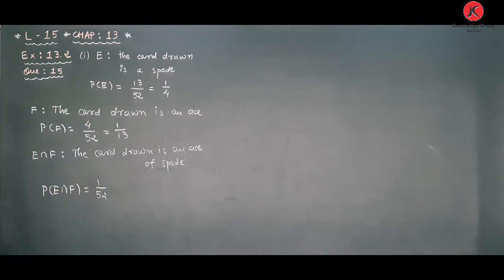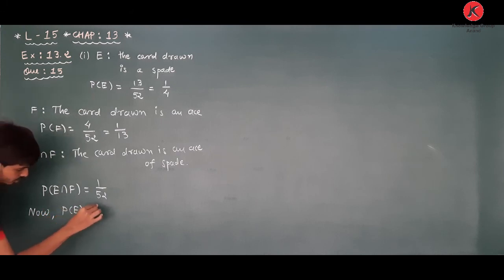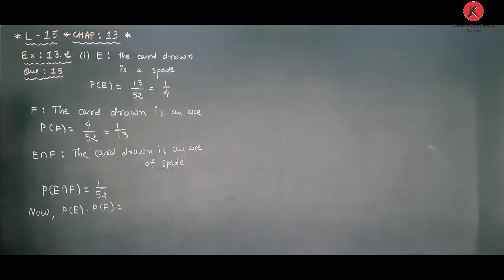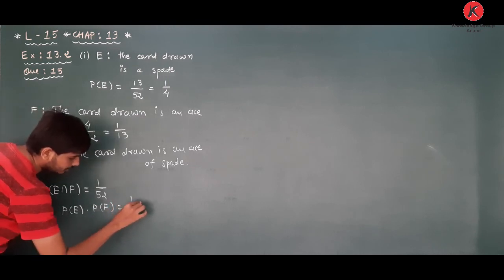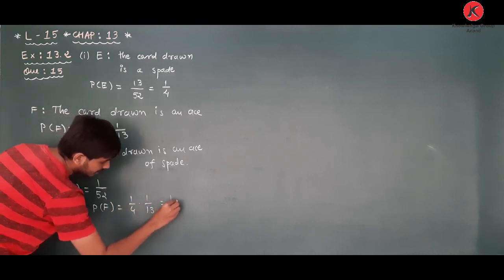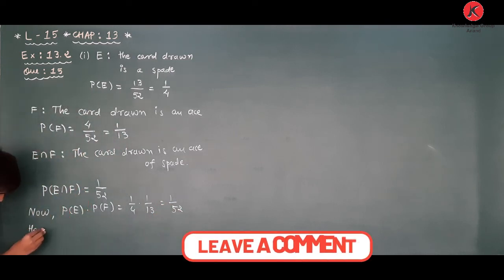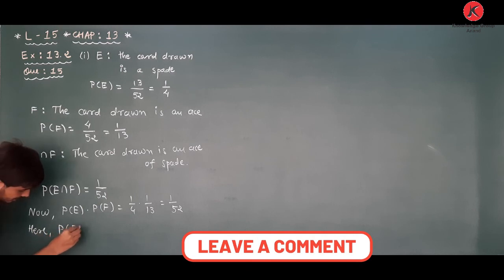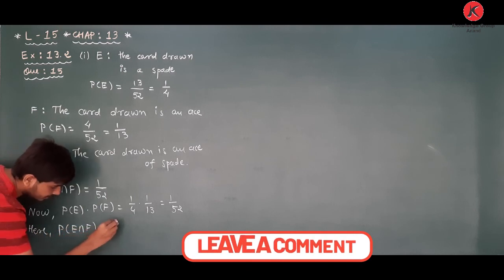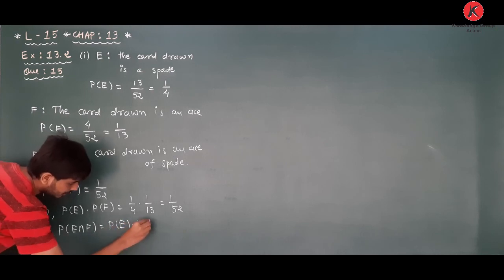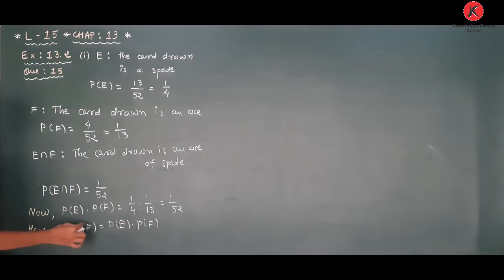Now we check the probability of event E into probability of event F. Multiply 1 by 4 into 1 by 13, which is equal to 1 by 52. Therefore, the probability of E intersection F is equal to the probability of E into the probability of F. Both are equal.